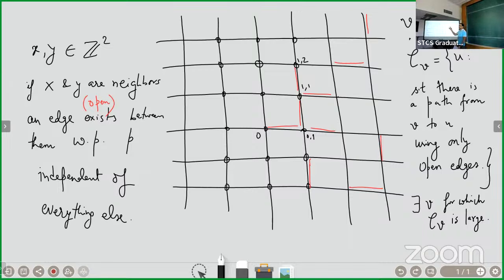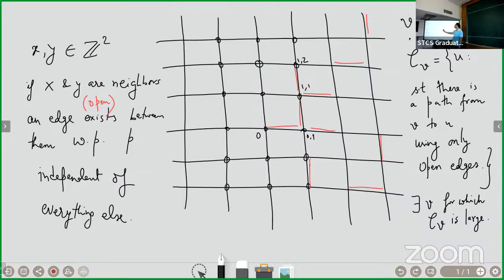Everything is symmetric. There's nothing to suggest a difference if I look at this node rather than that node. Once you make a realization of these open edges, then it's a different story. First you would see which edges are red, and then look point by point at which point has the largest connected component. That might be different. But if you choose a vertex first and then make the realizations independent of that, you will not be able to distinguish.